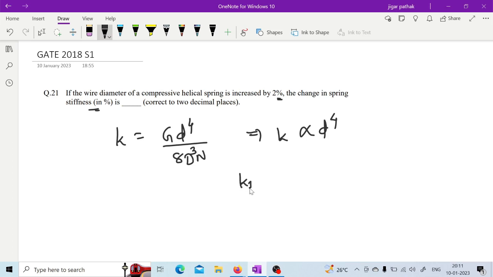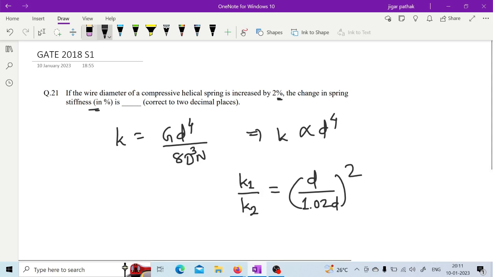So if you go K1 by K2, then here if it is d, then in the other case it is 1.02d. Yes or no? Here the power is 4, yes.